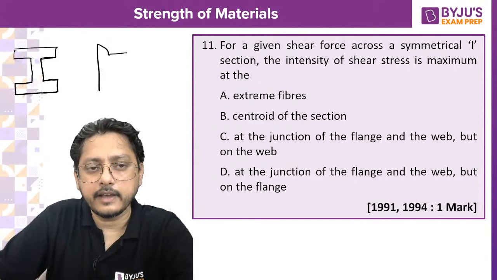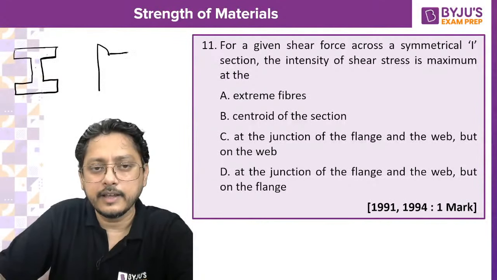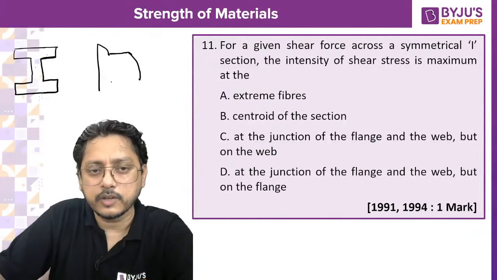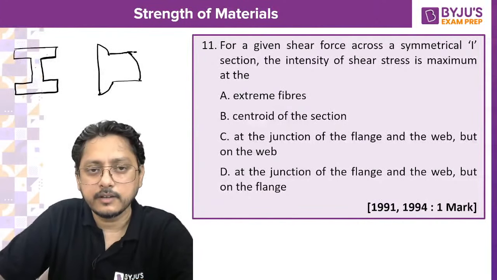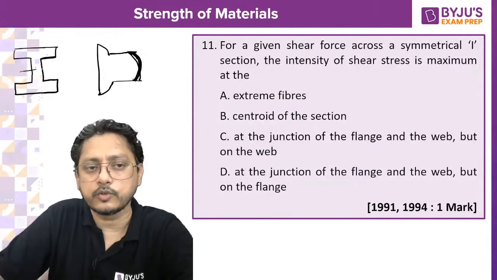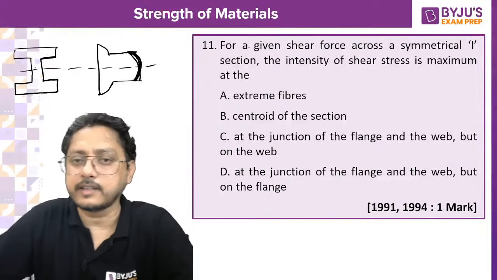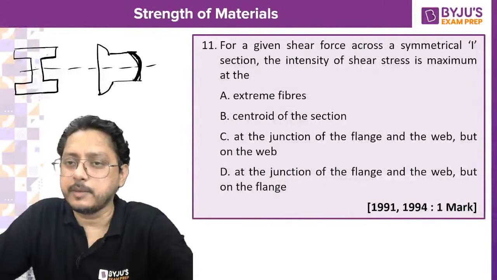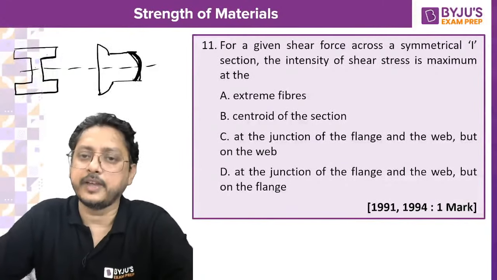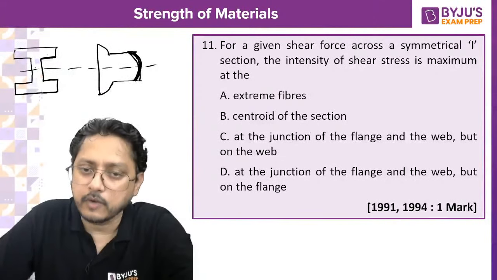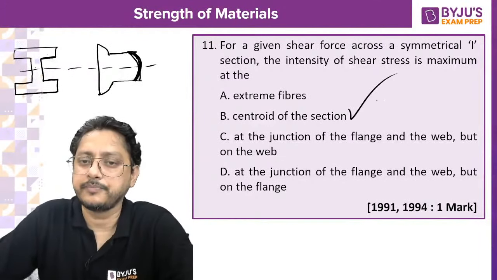Here as the width changes, suddenly the width reduces, the stress will increase, and once again the parabolic variation, the reduction of the stress due to the increase in the width. This is the total stress variation. I'm sorry if the diagram is not very appropriate, but yes, this is the parabolic variation, and maximum shear stress is going to occur at the center. Now what he's asking, for a given shear force across a symmetrical I section, the intensity of shear stress is maximum at, obviously it is at the center of the section, isn't it?